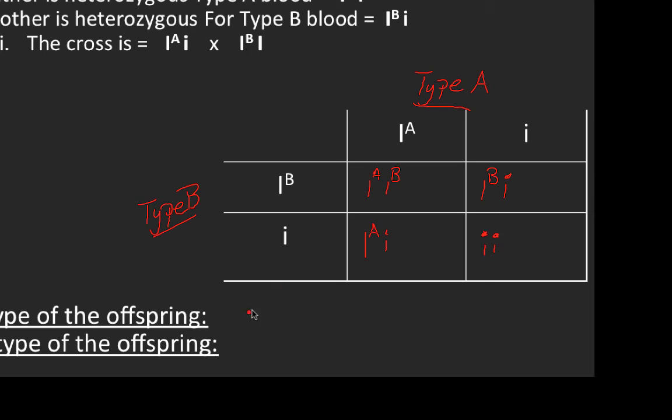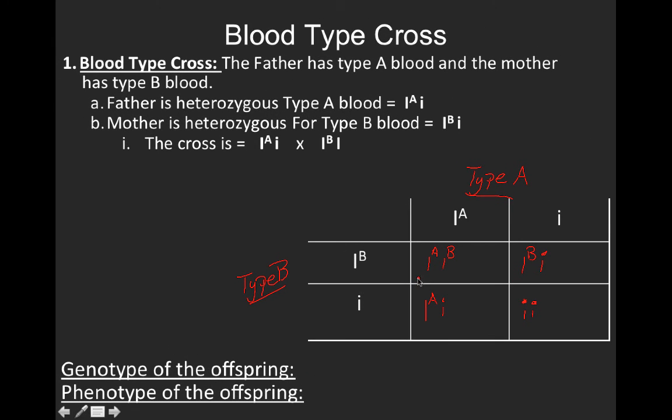So we have, in reality, genotypes of the offspring. We have different blood types that they could be. The first one is right here. That's going to be an AB blood type. The next one is going to be a type B individual.